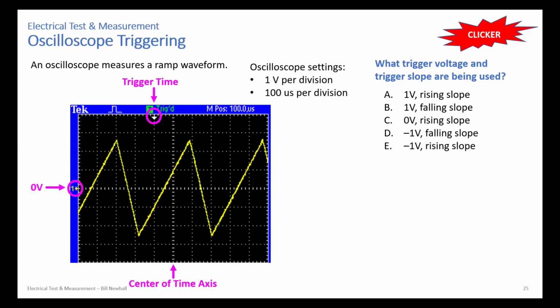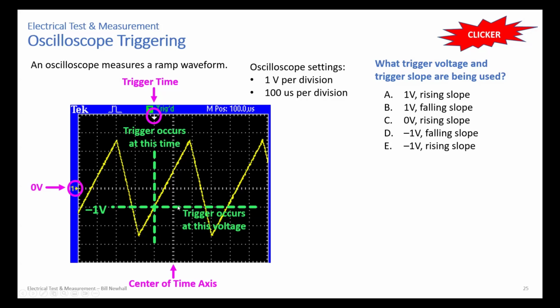All right, let's take a look at this then. You have a trigger indication here. This is where the trigger occurs in time, right there. That's that trigger time. And so where that trigger time crosses the waveform is right here. So that means that this horizontal green line is the trigger voltage.